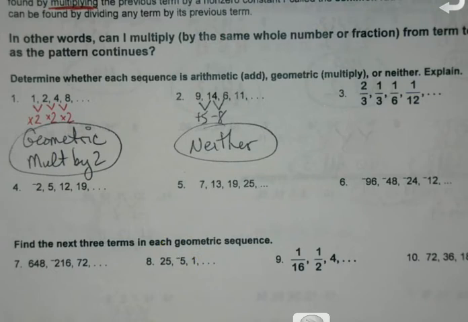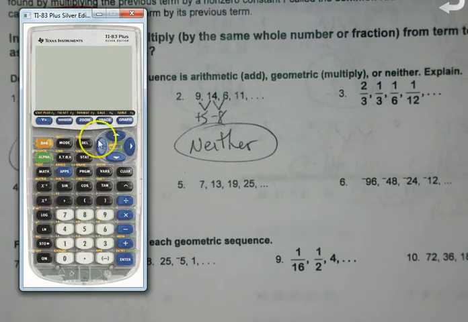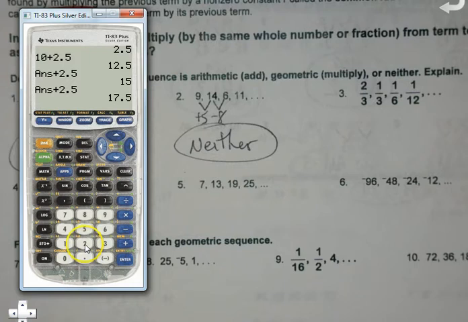Let's get the calculator up and see if it can help us out a little bit. What if I do... Oops, I got to put my parentheses in here if I'm going to use the calculator. 2/3. What if I divided by 2?